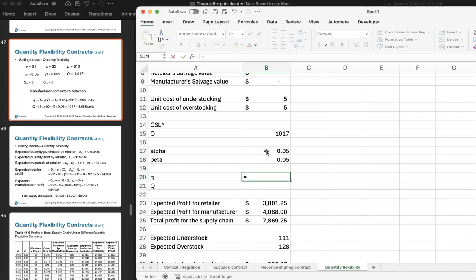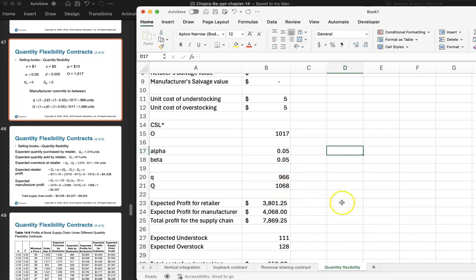So this will be 1 minus beta times the order quantity. This will be 1 plus alpha times the order quantity. Again, I'm just going to get rid of the decimal places. Between 966 and 1068.